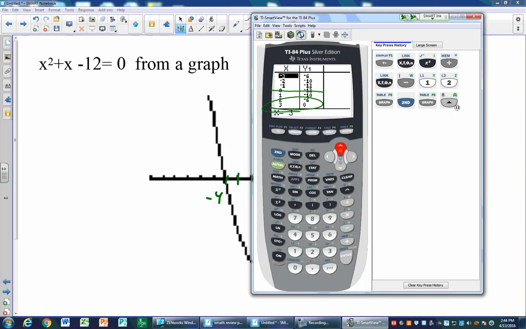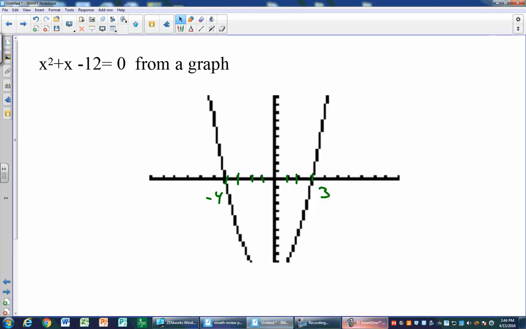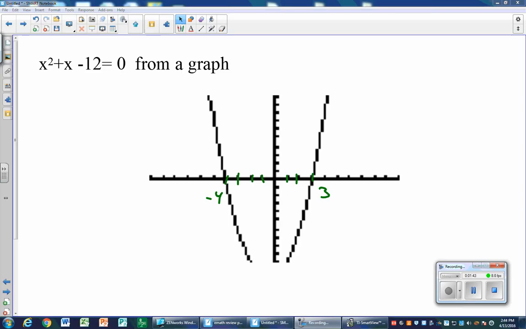We look at where y is 0, and then the other spot where y is 0 is indeed -4. So our suspicions were confirmed that the parabola crosses the x-axis at -4 and +3.